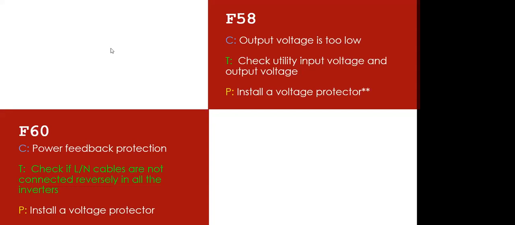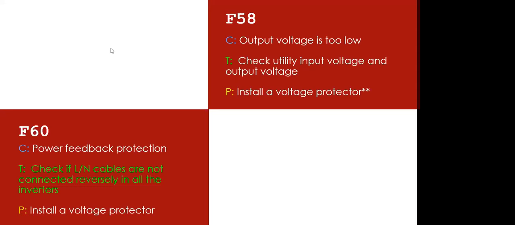This is F84, which is AC input voltage and frequency detected differently. This may come up when maybe we use different inputs to power the inverters. Some phases are not stable.